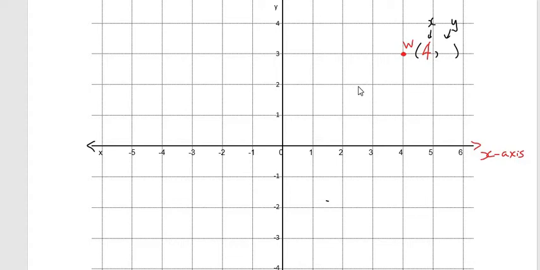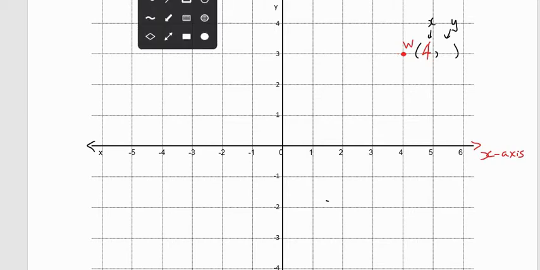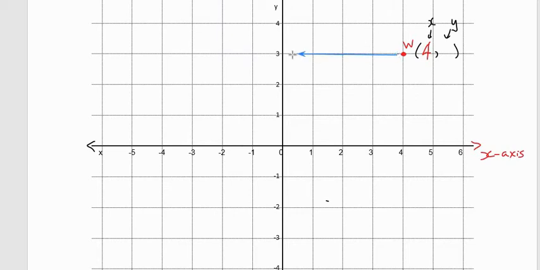What is your y location? What do you think you'd have to do to get your y location? I think moving the point to the left and head straight over to the 3. Right. So you're going to move straight to the left. And when you do that, when you move straight over to the 3, let's look at that. So you're basically here, and you move straight over to the 3.